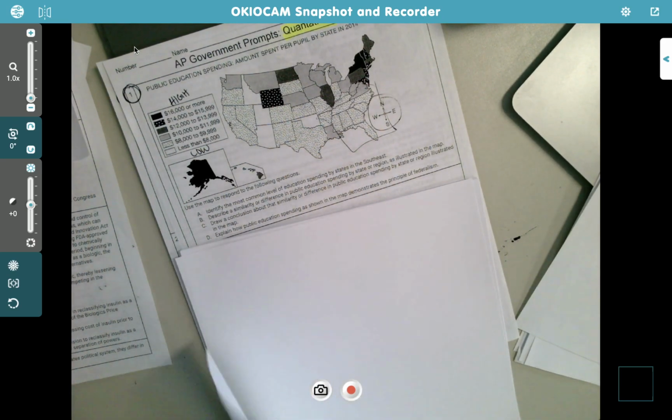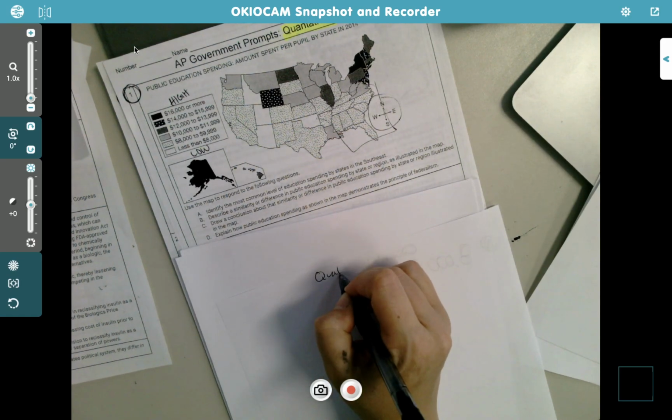Flip it over. Let's answer the question so you can see exactly what it looks like. On the other side, you're writing quantitative.